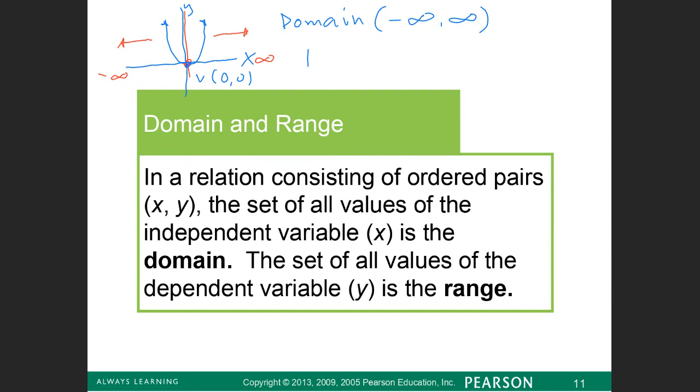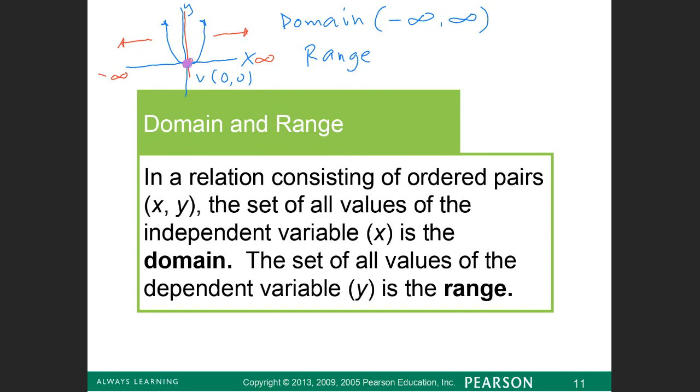For the range, the smallest value for your y here is 0. Since that's part of the graph, over here I'll mark it in a different color. That's the smallest value there, which is the vertex.